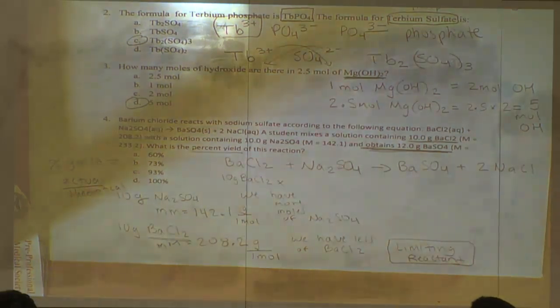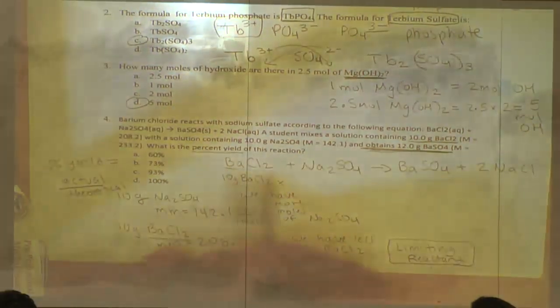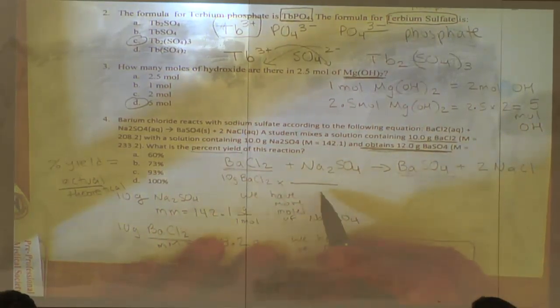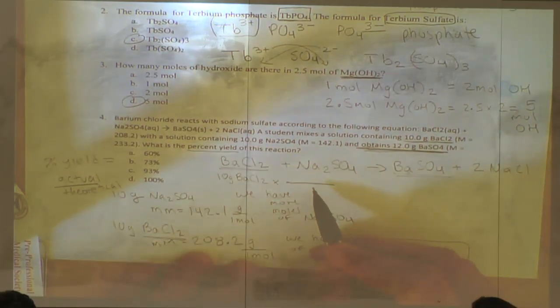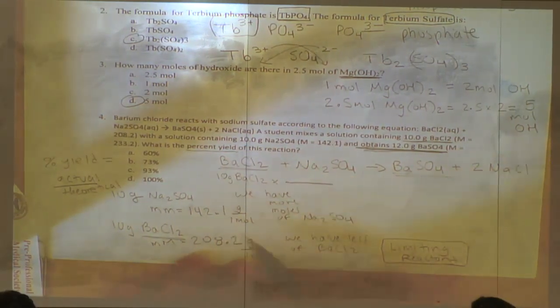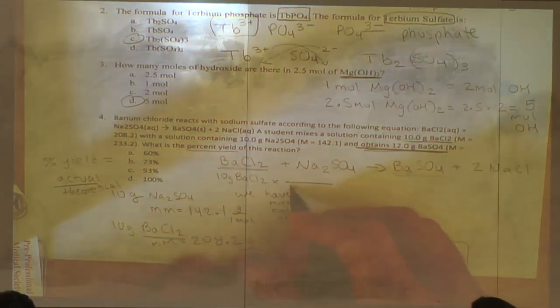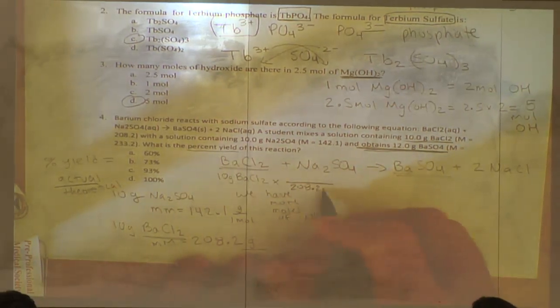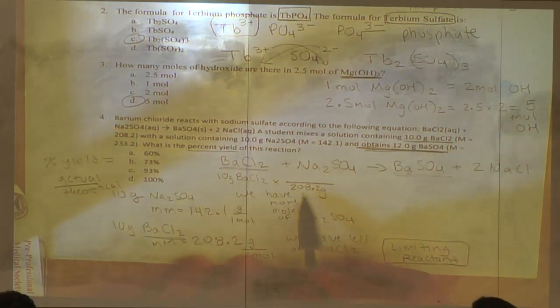So we're going to go all the way from grams of this to grams of that to see how much product we can make. So 10 grams of BaCl2. Down here, to cancel out the grams, what would I write? Nice. The molar mass of BaCl2, which we said was 208.2. And that's how many moles?